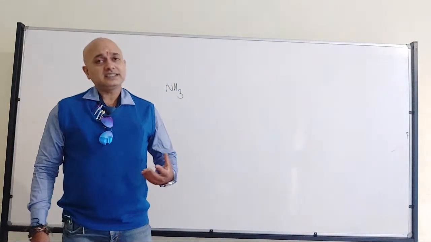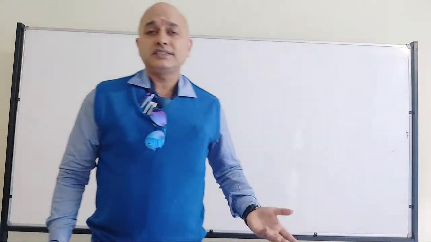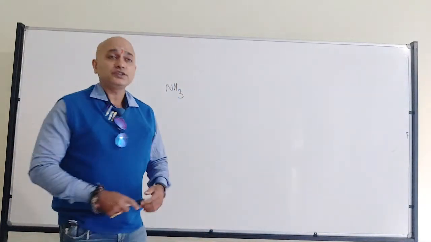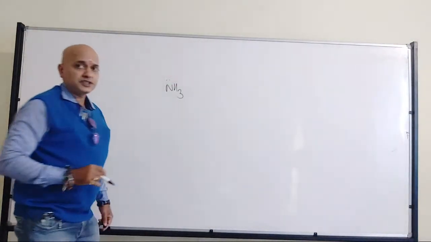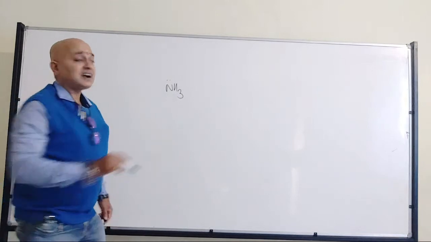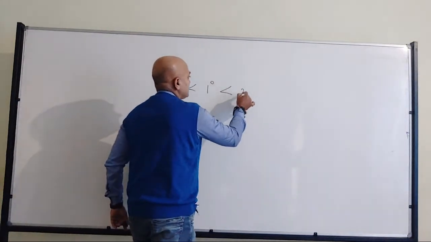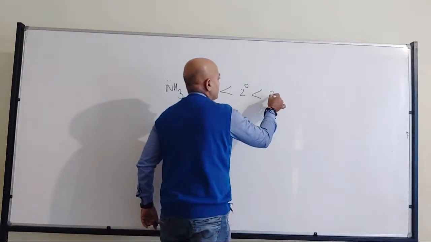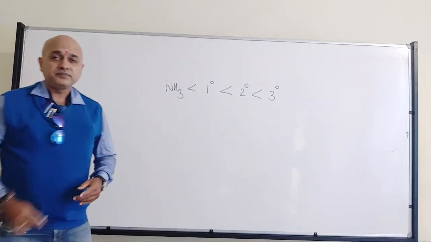Ammonia is a Lewis base, no doubt, but when I compare with the amines, ammonia has the least Lewis base character due to the presence of 3 hydrogens. There is no alkyl group. Then comes the primary amine, then the secondary, then the tertiary.